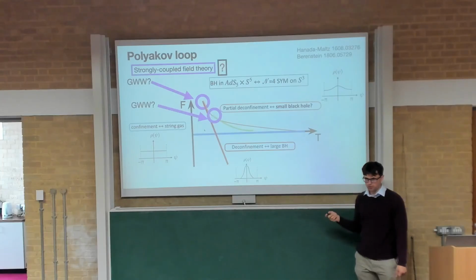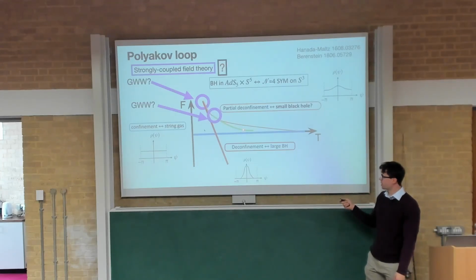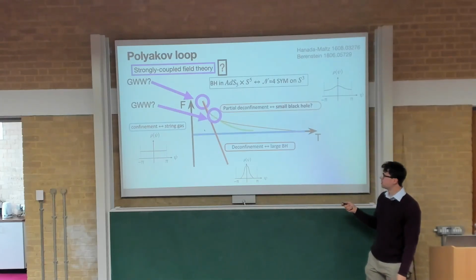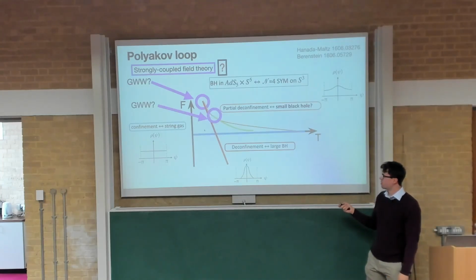When we go to strongly coupled field theory, which is what represents the dual of the black holes, there are two possible conjectures. One is that the Gross-Witten-Wadia point might occur at this cusp. There's also a new type of black hole which occurs just below the cusp, and there's a Gregory-Laflamme transition which occurs here, and a localization which happens on the S5 of AdS5 cross S5. There are some arguments for supposing that the partially deconfined phase occurs here.